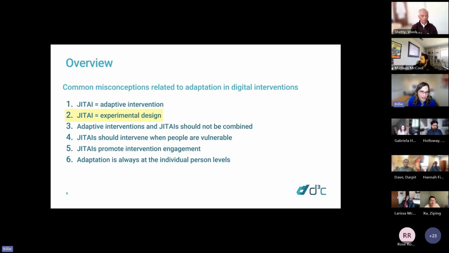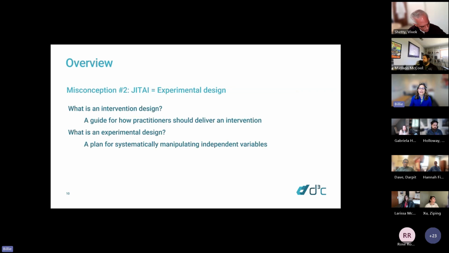All right. Second misconception, that a JEDI is an experimental design. And there's a second misconception that a standard adaptive intervention is also an experimental design, and both are wrong. And to see why, we need to understand the difference between two concepts, an intervention design and an experimental design. What's the difference?